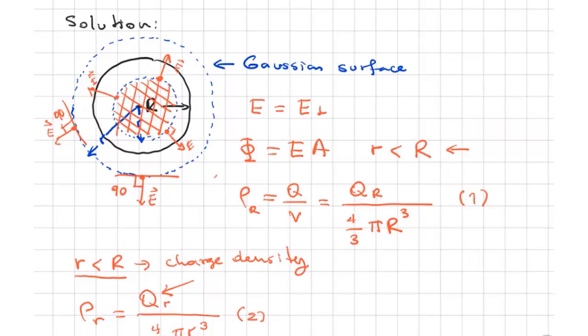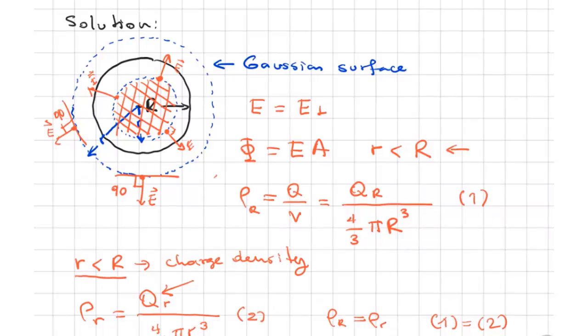That means that the density in equation 1 is equal to the density in equation 2, because the sphere is charged uniformly. So we can equate equation number 1 and equation number 2.